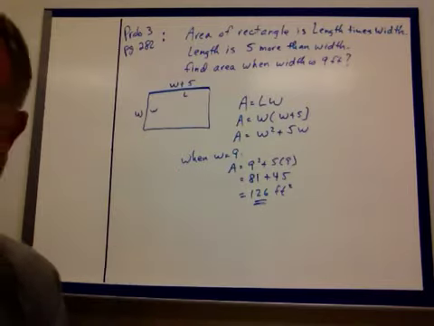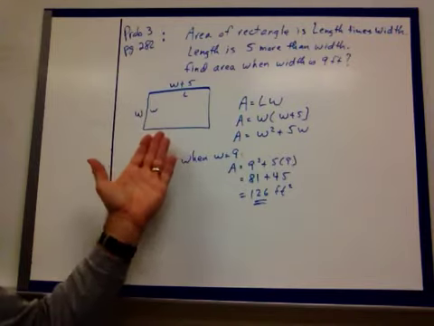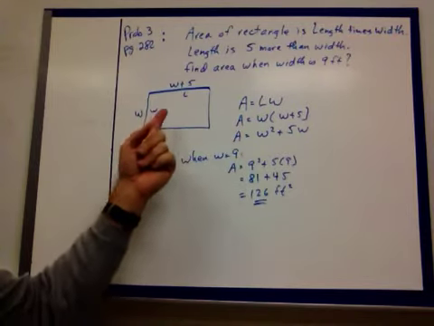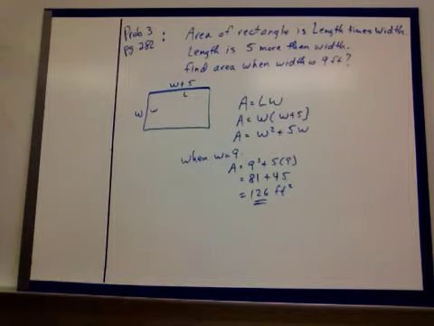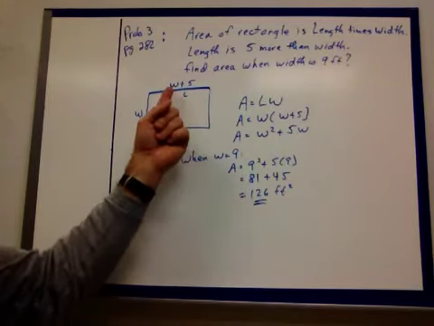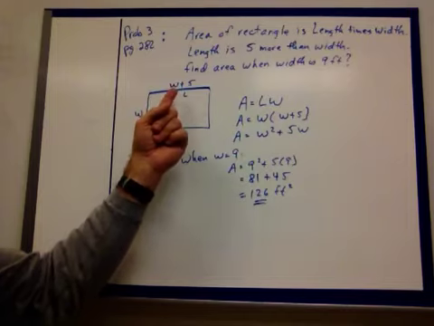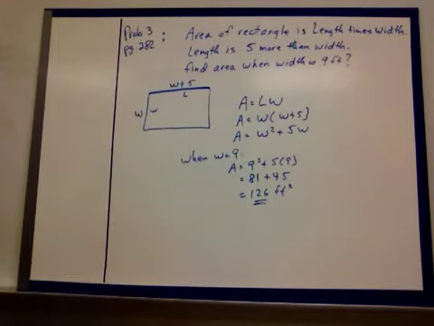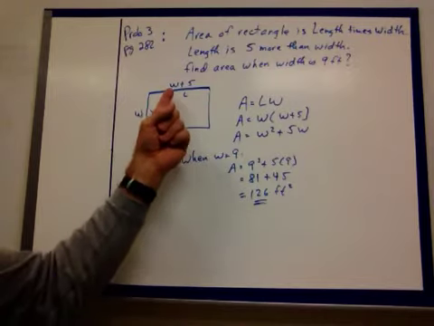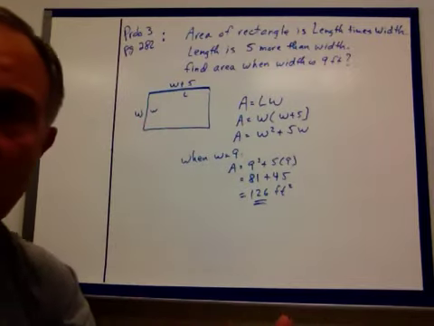Diagrams are worth 1,000 words. A picture is worth 1,000 words. You've heard that before, so use it. Draw a rectangle. I always call the length the longer side, the width the shorter side. They tell me that the length is 5 more than the width. Well, I don't know the width, so I'm going to call it W. Whatever it might be, it's W. Well, then my length has to be W plus 5 because it's going to be 5 more than.